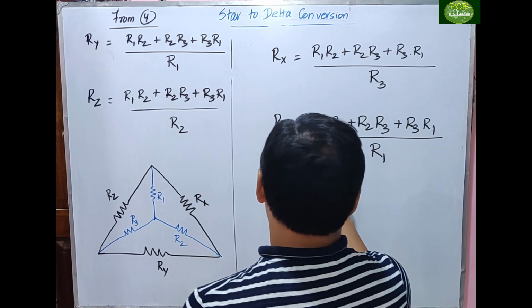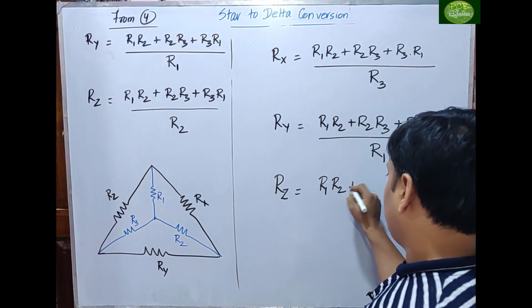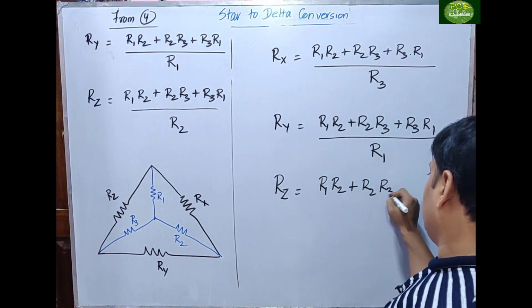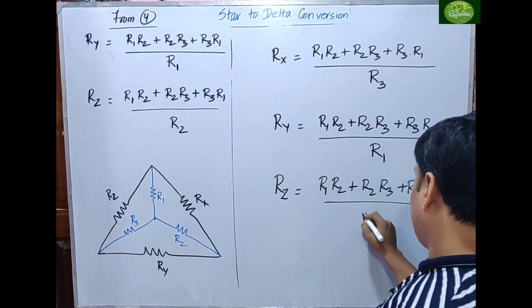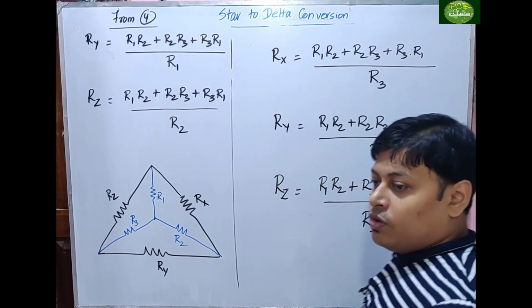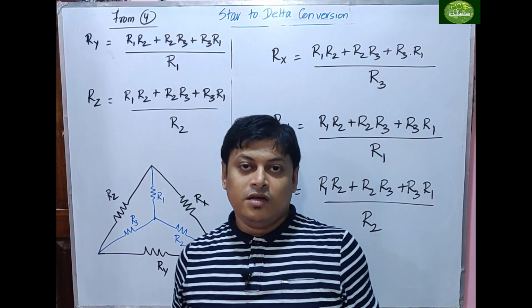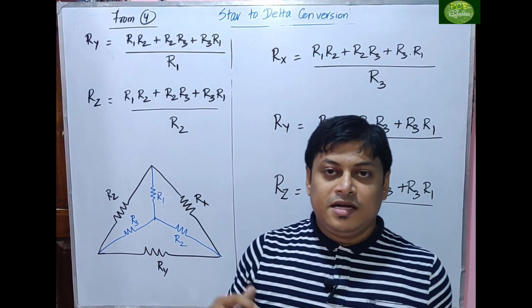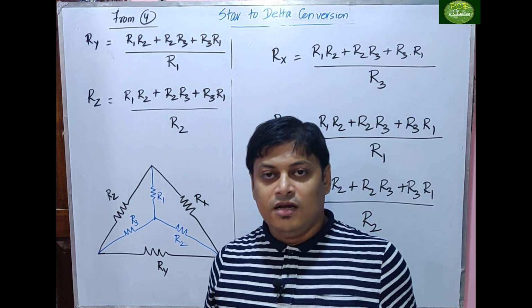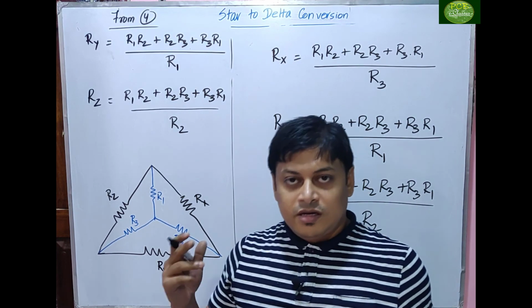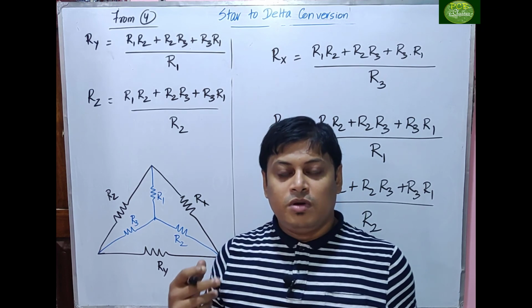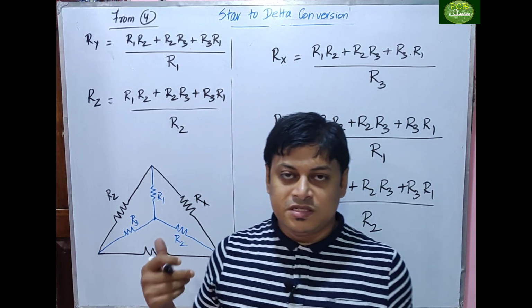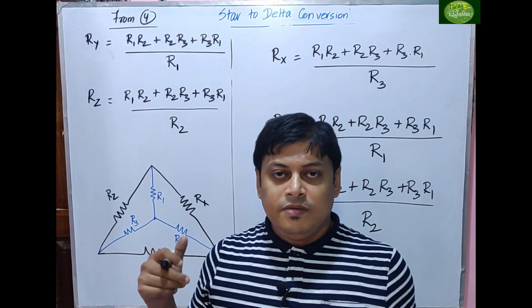Similarly, Rz will be R1 R2 plus R2 R3 plus R3 R1 divided by R2. This is how we convert star to delta or delta to star connections of the resistors. Fine. We'll solve the problems of the star and delta in the problem session. So, till then, thank you.